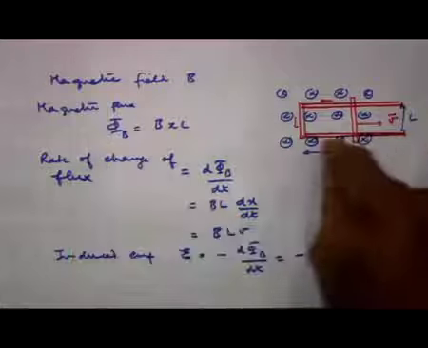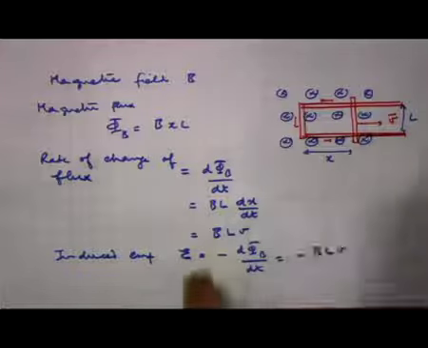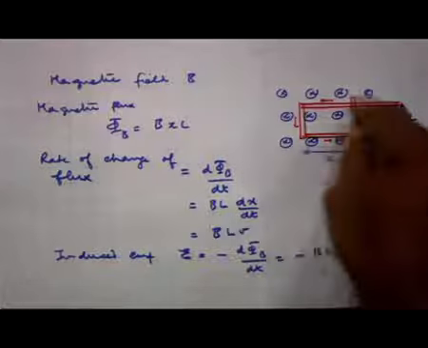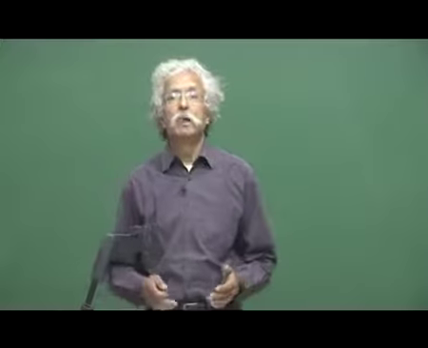So, the induced EMF calculation must be in this direction, and I get a negative value for induced EMF, which constitutes a current in the anti-clockwise direction. And if you recall the earlier lecture, we had obtained the same induced EMF using the Lorentz force law. So, these are two representations of the same induced EMF.